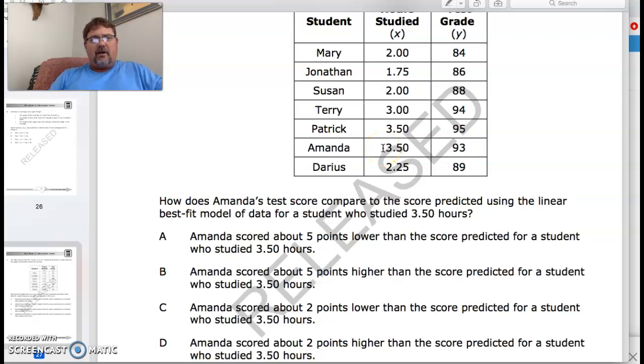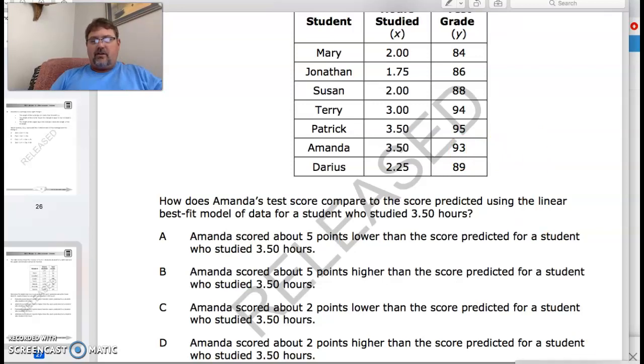So I've got to build this model, and I'm going to have to plug in a 3.5 into my model and see what the difference is. And that difference, by the way, and we're going to see this in the next video, is called a residual. The further the model output is from the actual data value, that difference value is the residual. And that language is used in another problem in the next one.